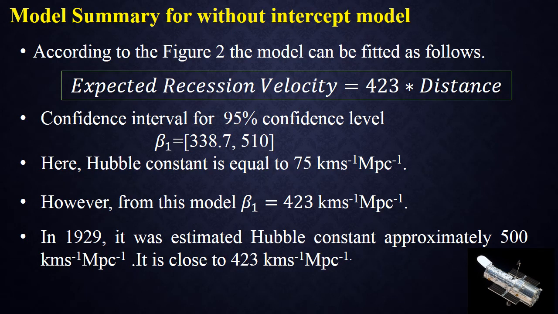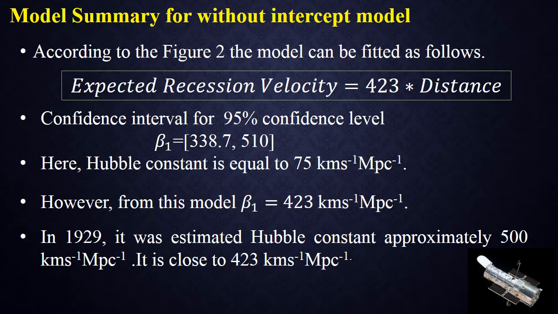According to figure 2, we can see the output of the fitted model. So let's look at the fitted model. That is, expected recession velocity equals 423 times distance. Here 423 is the slope of the model.